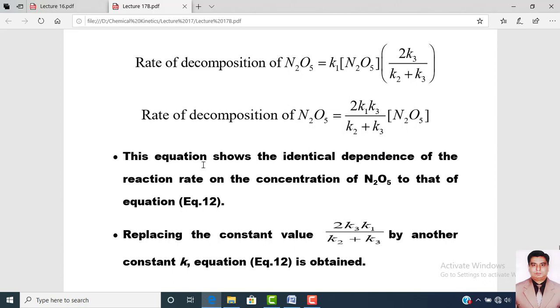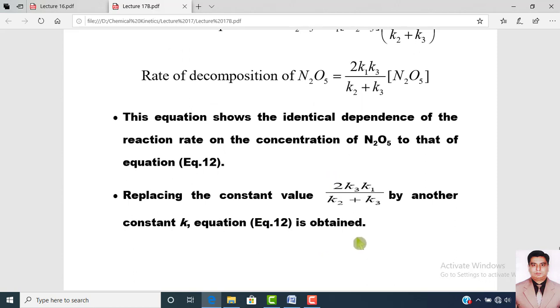So this equation shows the identical dependence of reaction rate on the concentration of N2O5 as given in the equation number 12. So if we replace the constant value 2K3 K1 over K2 plus K3 by another constant, we can find the equation number 12.